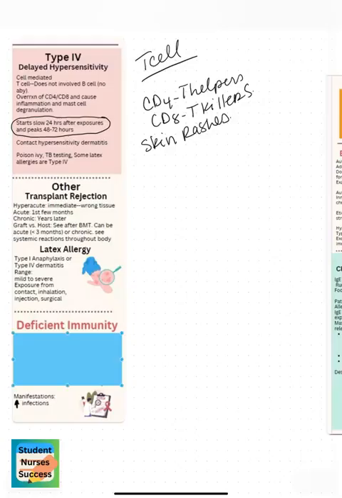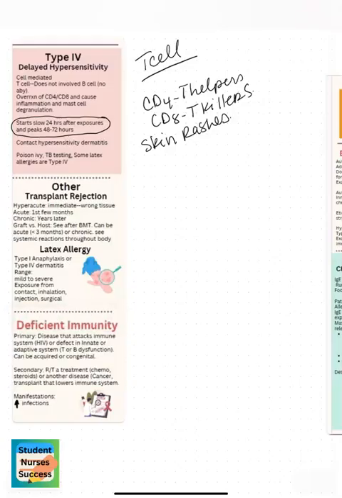Last, let's talk about deficient immunity, when you don't have enough immunity. All up until now, we've been talking about too much immune response. And now I want to talk about not enough immune response. With not enough immune response, what you're going to see is an increase in infections.